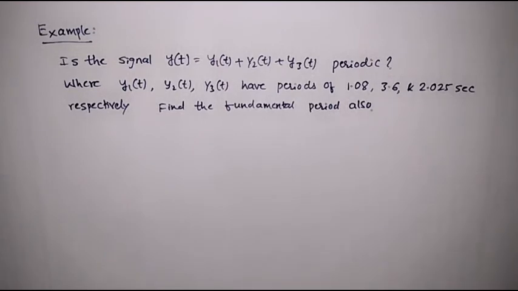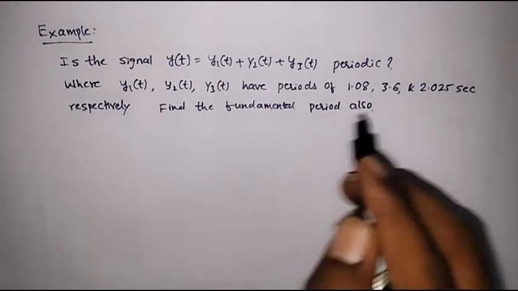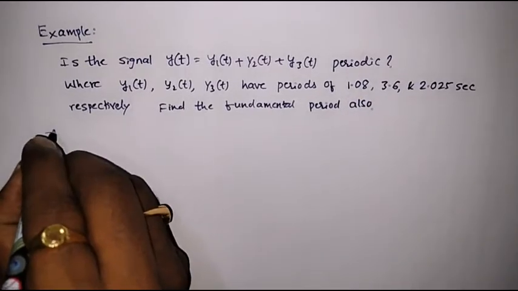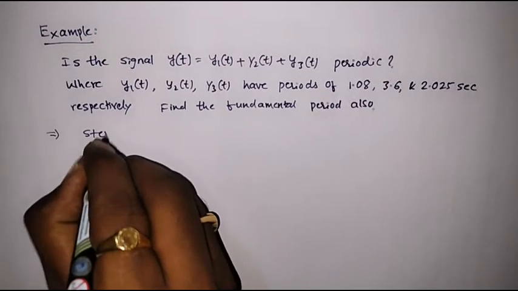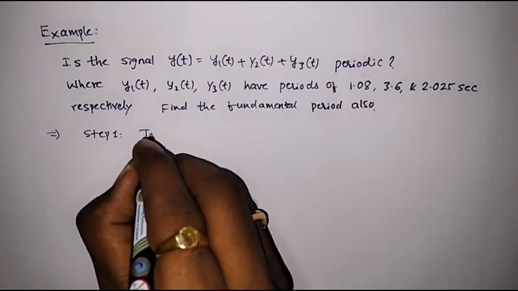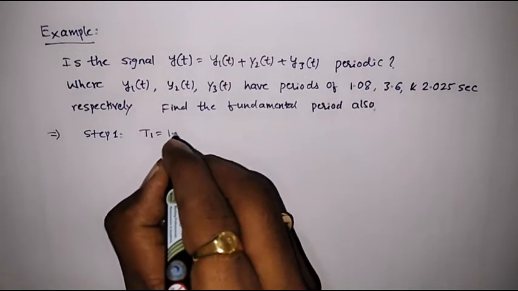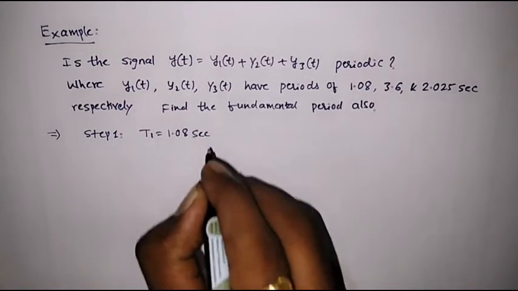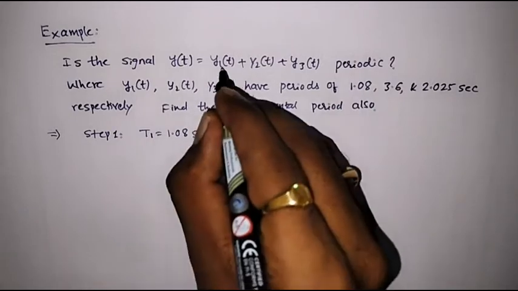According to the procedure, in step number 1, we are supposed to calculate the period of each individual signal. In this example, the periods are directly given. Therefore, T1 is equal to 1.08 seconds, that is the fundamental period of y1 of t.